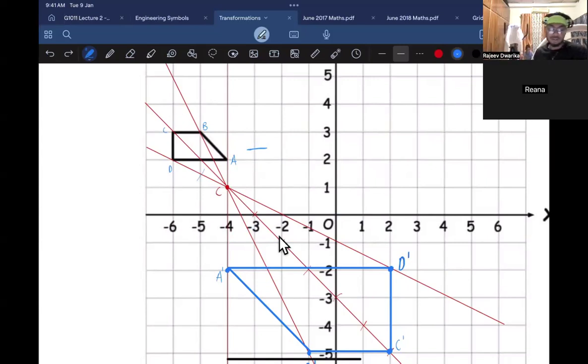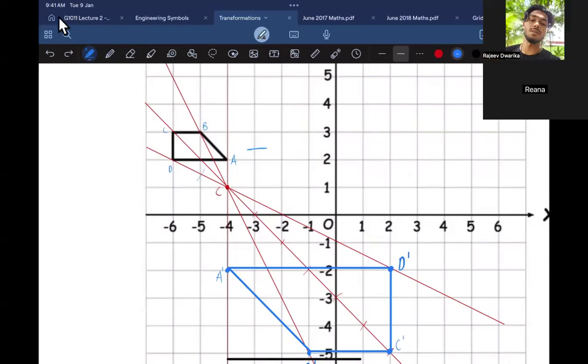Right. So you understand what I'm saying so far? Cool. So your answer will be on the other side. Now to figure out how far it would be, the ray lines, you understand?